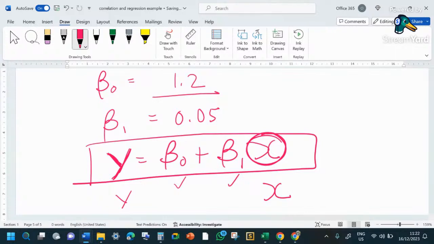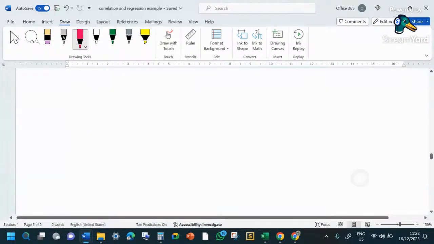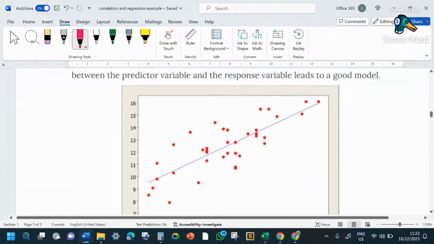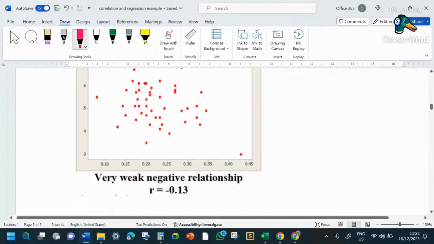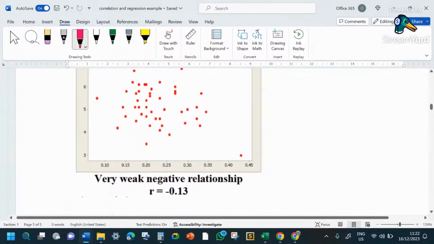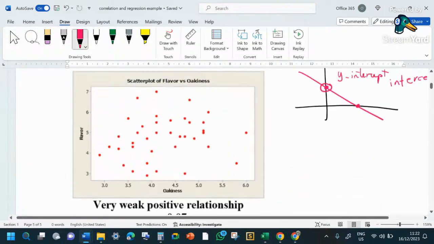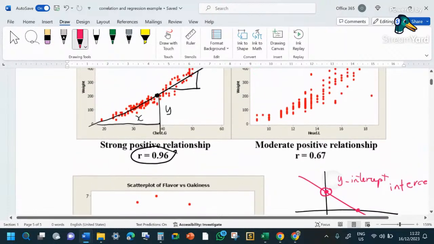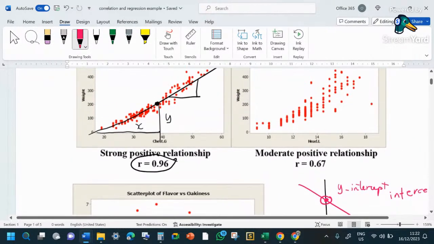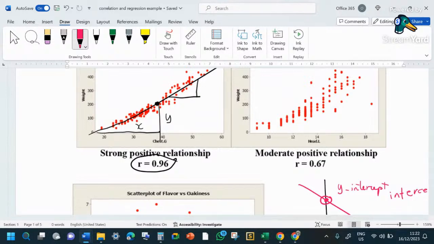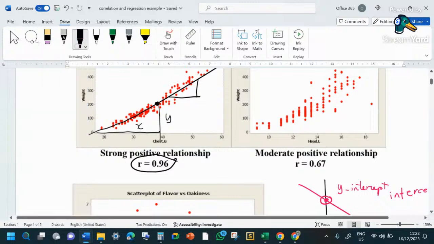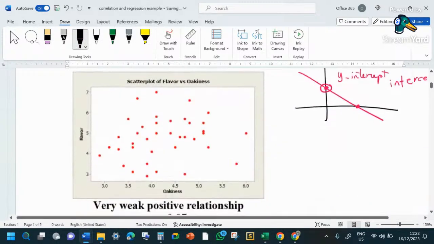And R will also be computed as an additional requirement, just so you know if the R that you have computed is a weak relationship when R is negative, a strong relationship when the dots are near to each other, a moderate positive relationship when they are a bit far apart but can still give you a straight-line fashion.